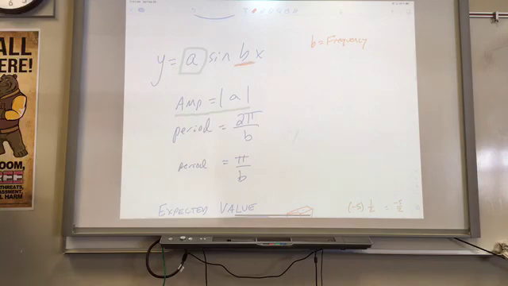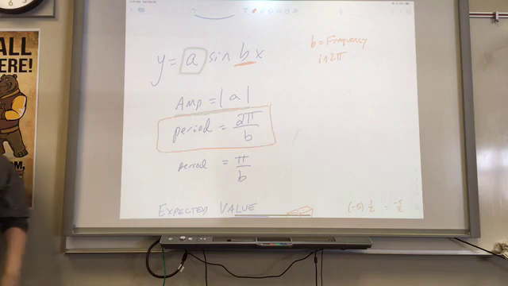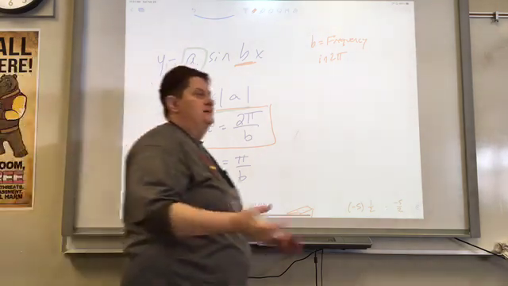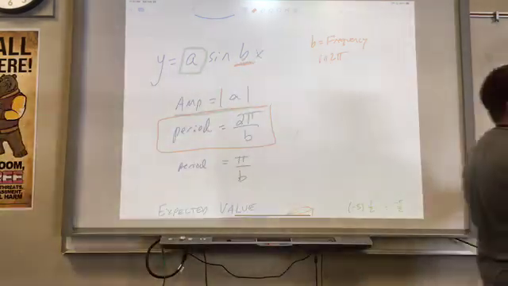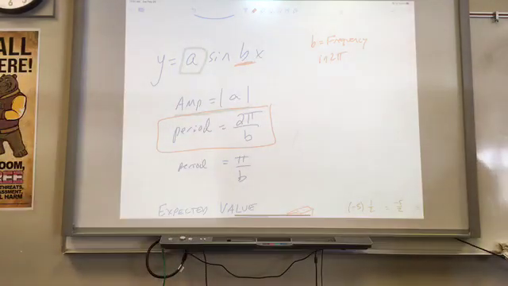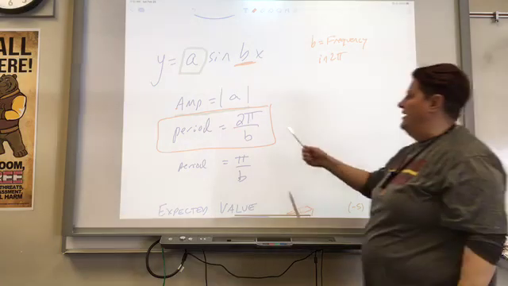But if I make 8 cycles in 2 pi, then what's the length of one cycle? 2 pi over 8. So the period is 2 pi over b, because it's the frequency within one 2 pi period. Does that make sense? So period is 2 pi over b.